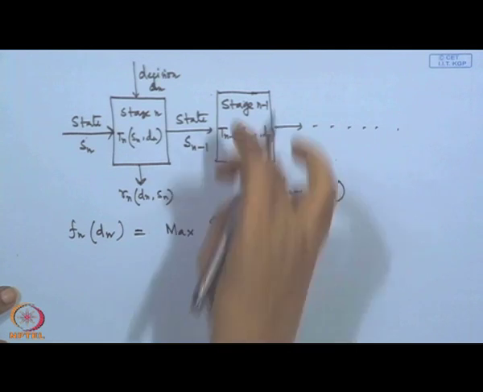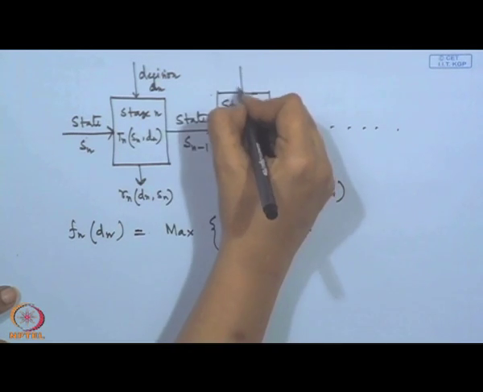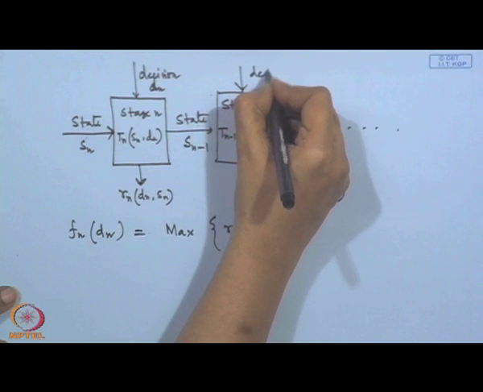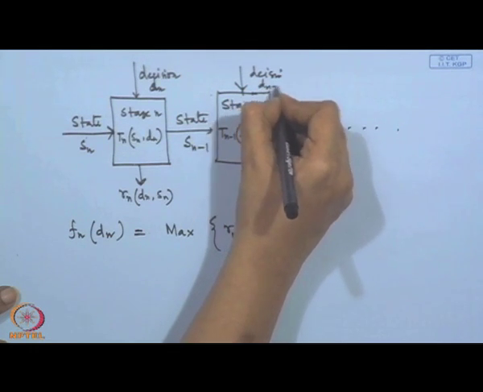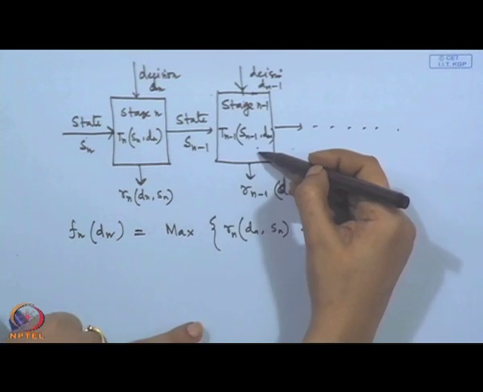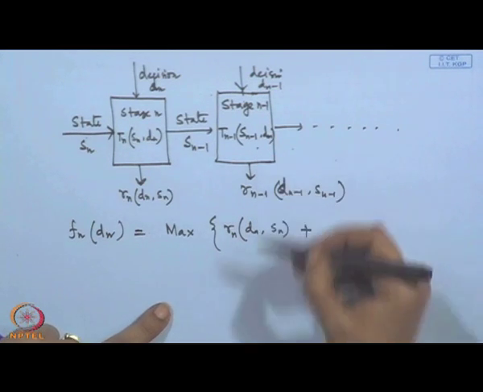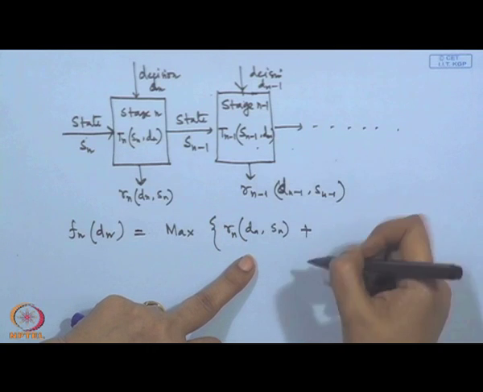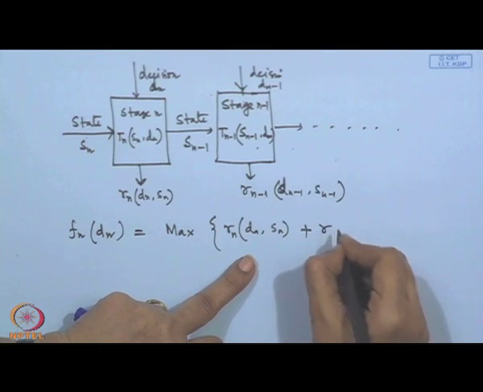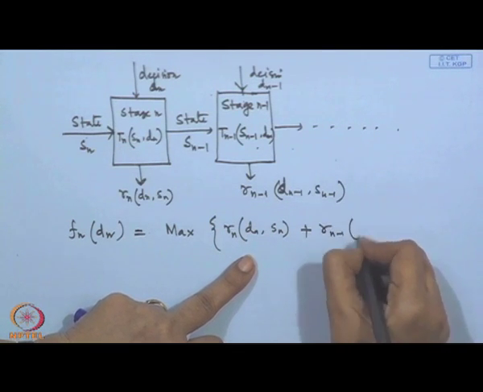Then at this stage, if I consider the decision Dn minus 1, it depends on the return of this value plus the return of the previous one.